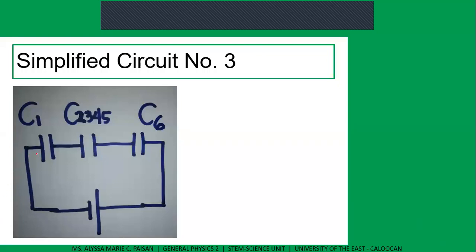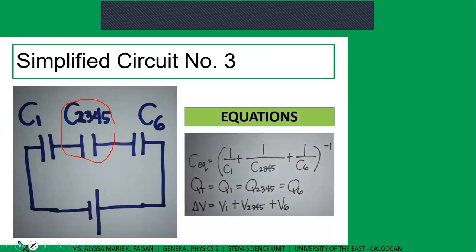So, we have C1, tapos we combine na C23, tsaka C45, kaya naging C2345 na siya. And finally, we can say that this is the simplest form of our circuit. Kasi alam natin at obvious lang tingnan na series na siya. And because of that, because this is the simplest form, we can already use the total variables.